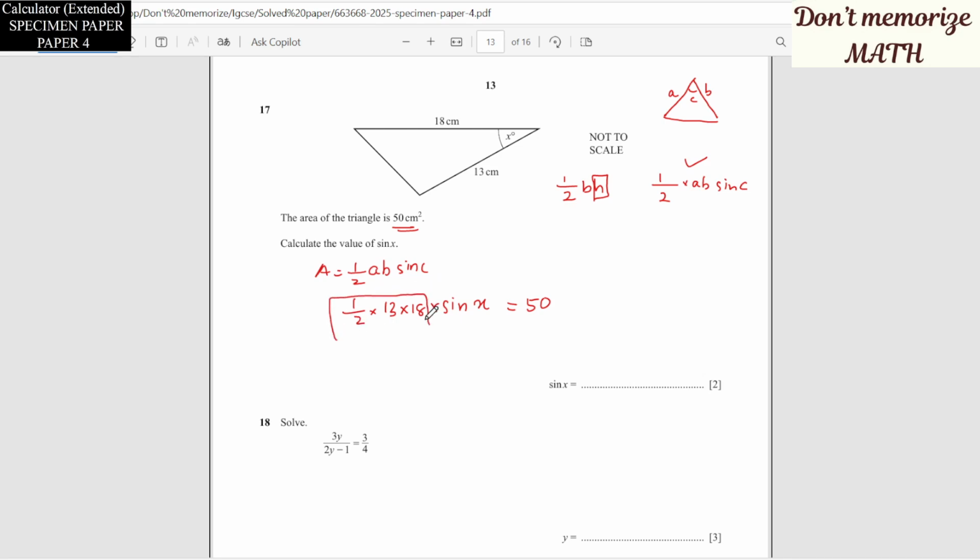Half of 13 times 18, you will get 117. So 117 times sine x equal to 50. So sine x equal to 50, here it is multiplication, so when we move 117 it will become division, divided by 117. We just need to find sine x.